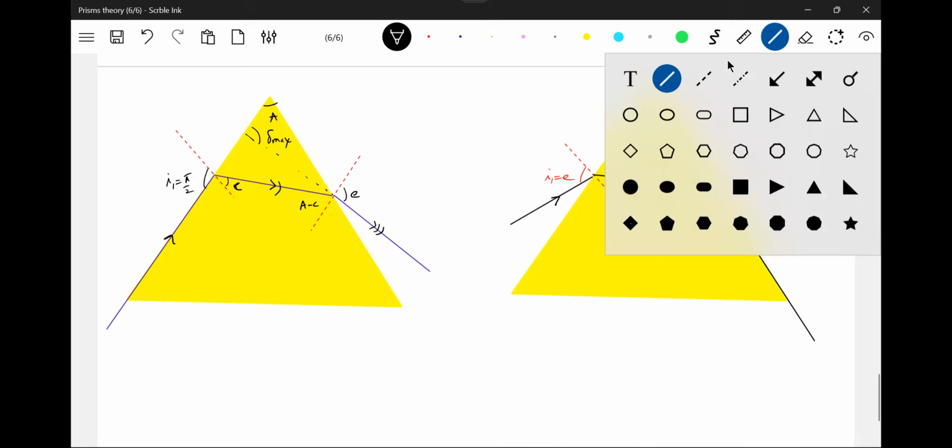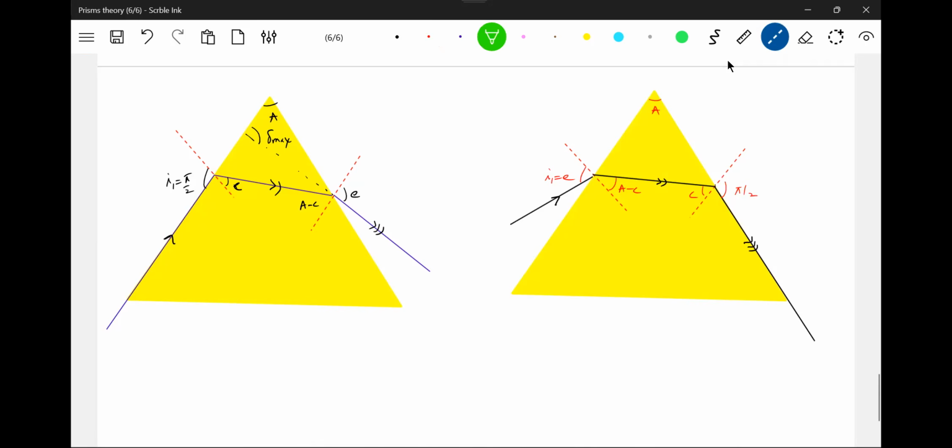So can you show that deviation? Where do you show that deviation? You can see this is the deviation. Here this is a deviation.